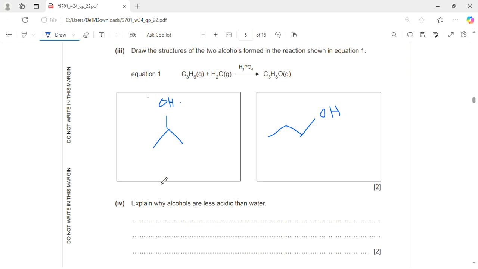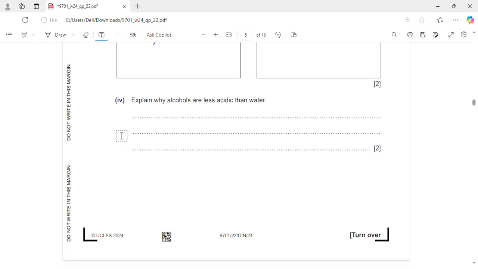But what about the next part? Explain why alcohols are less acidic than water.